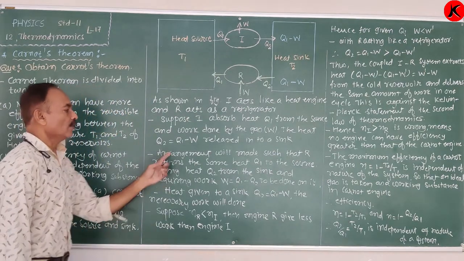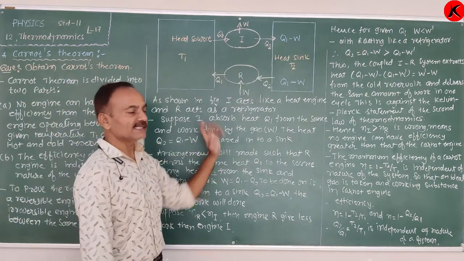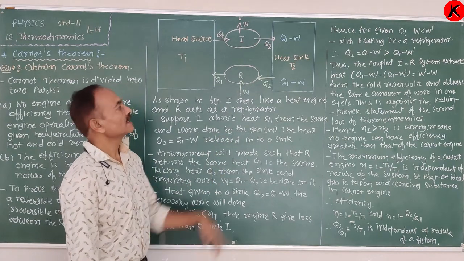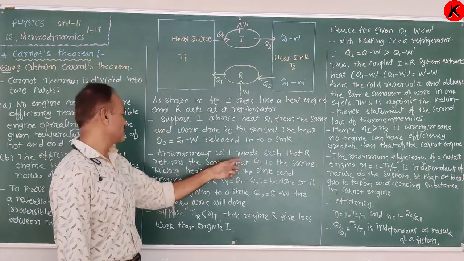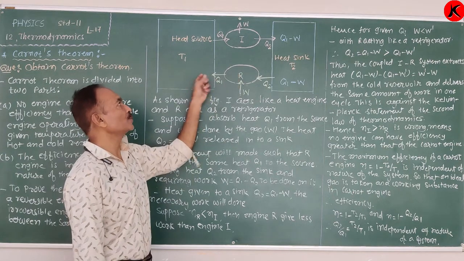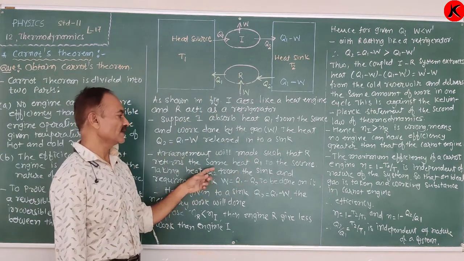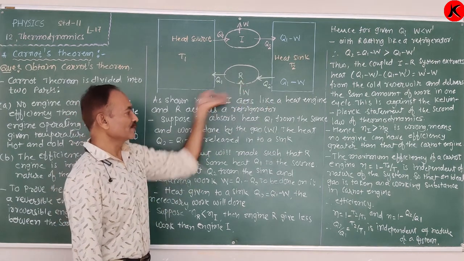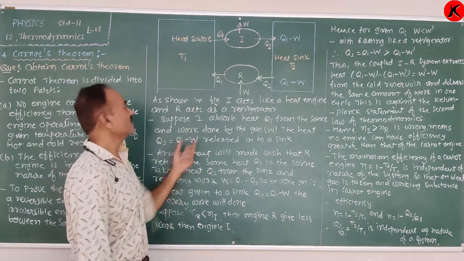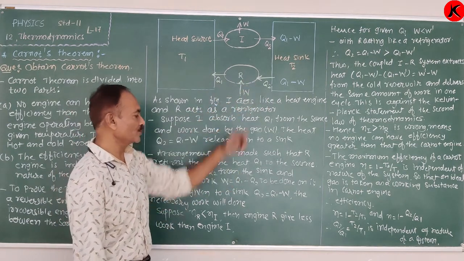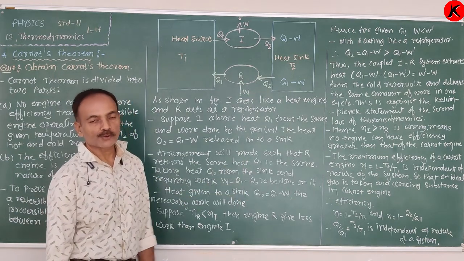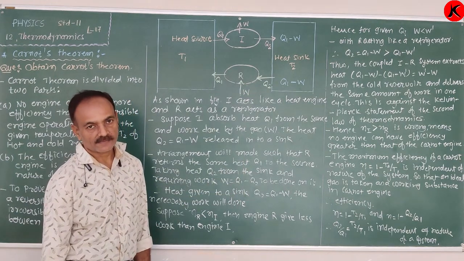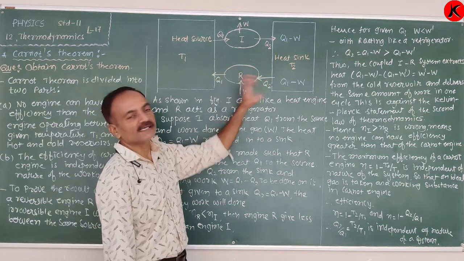Now, the arrangement is made in such a way that the reversible engine R returns the same heat Q1 to the source, taking the heat Q2 from the sink, and the required work W equal to Q1 minus Q2 is to be done on it.